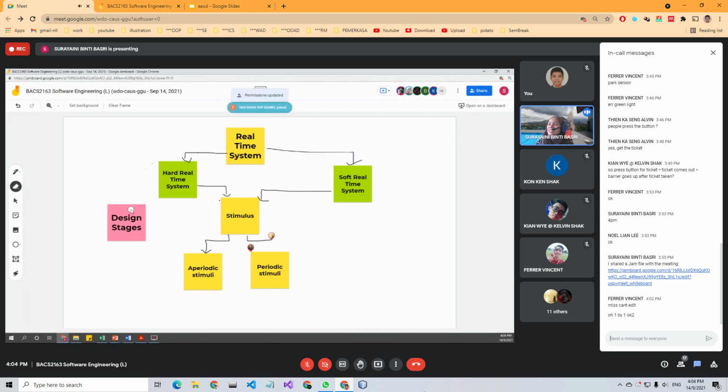What are the 6 stages of how we can design the real-time system. You all can put them under these design stages.